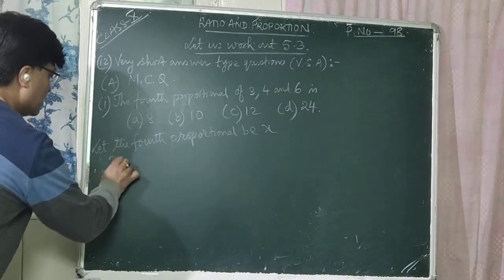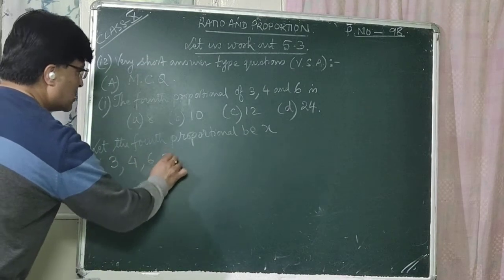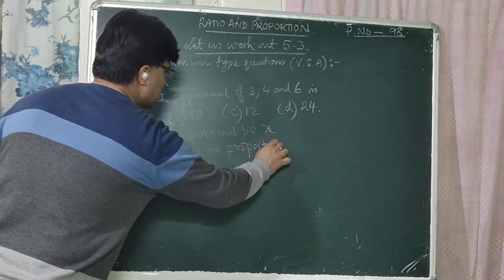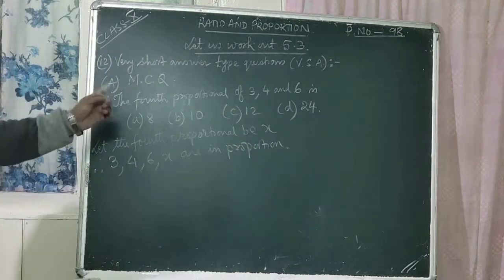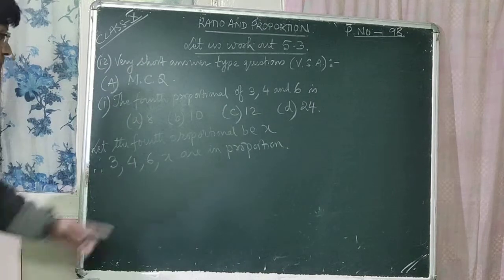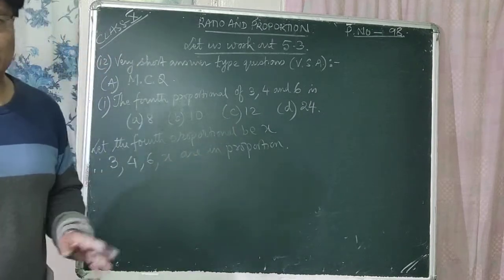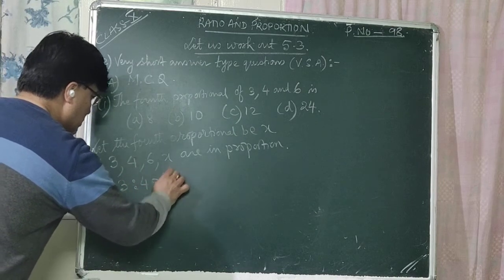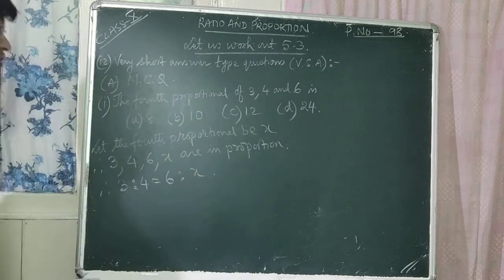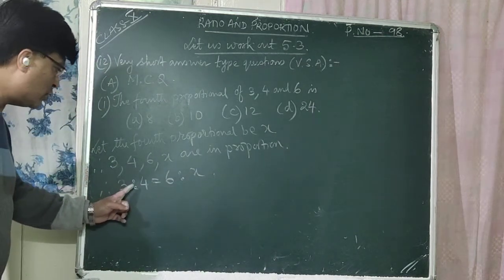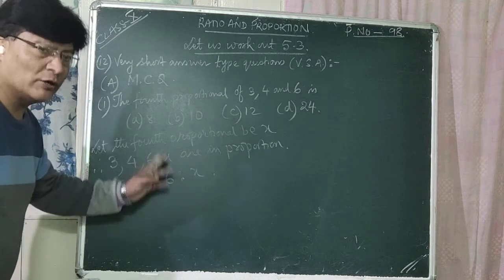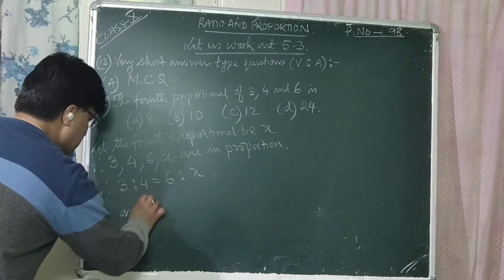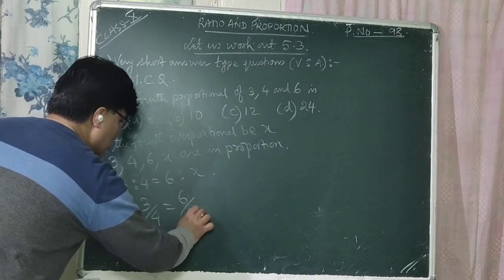So therefore 3, 4, 6, x are in proportion. That means what can we write? 3 is to 4 is equal to 6 is to x, right? That is, the ratio of 3 and 4 should be equal to the ratio of 6 and x. So you can write it in terms of fraction. So it is 3 by 4 is equal to 6 upon x.